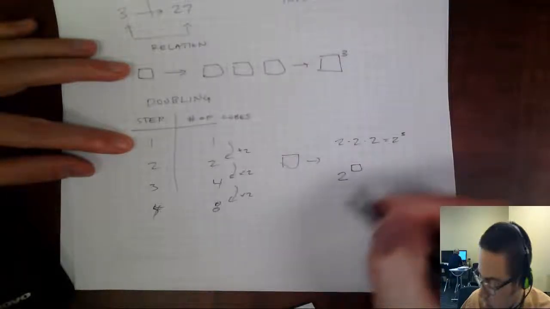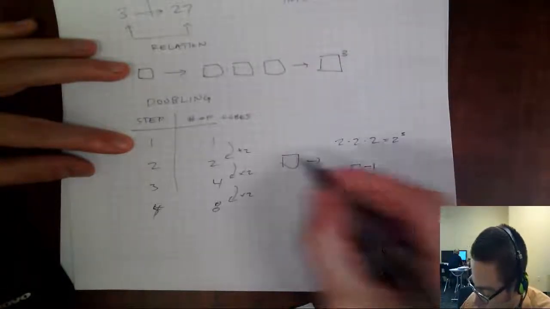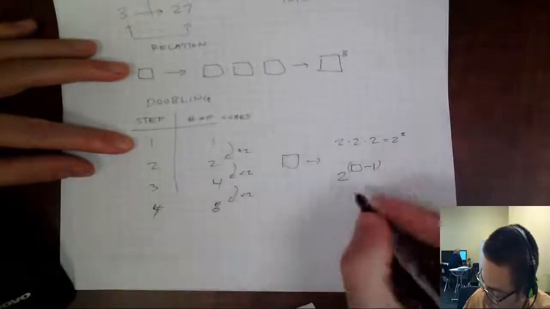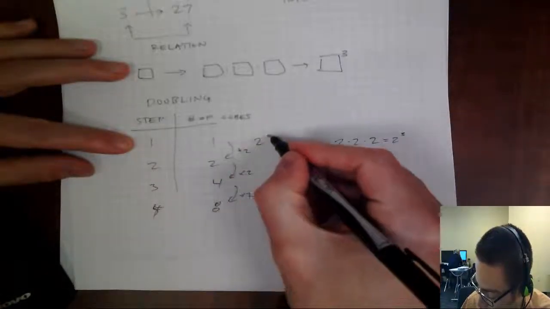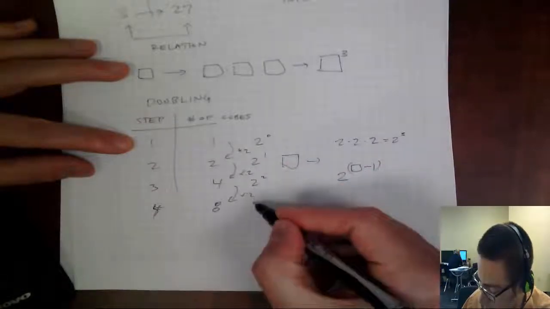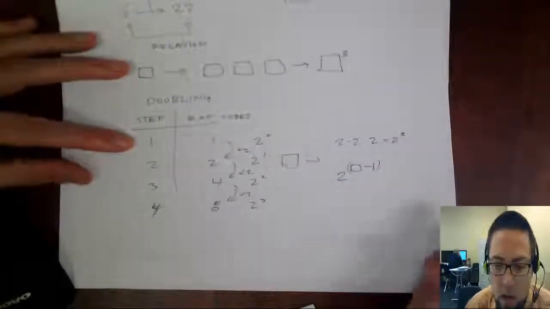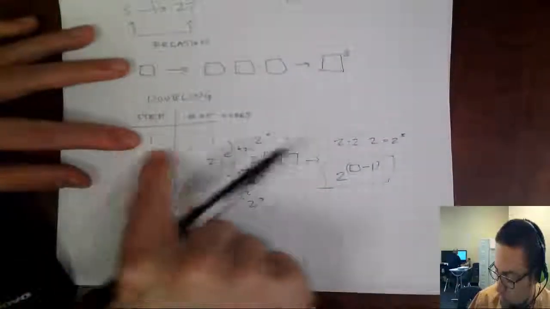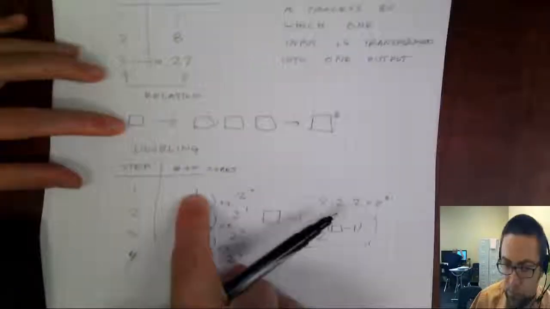Some blank power. But I have to subtract 1 to make it fit this chart, right? Because if I want this one, it will have to be 2 to the 0. This one will be 2 to the first power, 2 to the second power, 2 to the third power, and so on. So it's a little tricky, but you get the idea that one number gives you exactly one output.